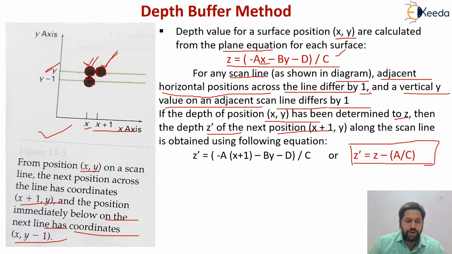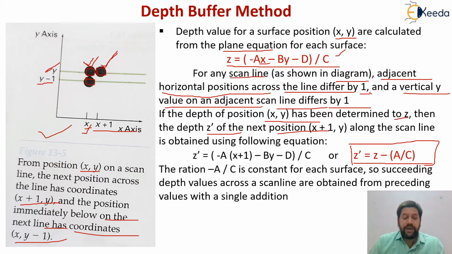That is the one we have to consider on the scan line. So the ratio minus a by c is constant for each surface. Succeeding depth values across the scan line are obtained from the preceding value with a single addition.